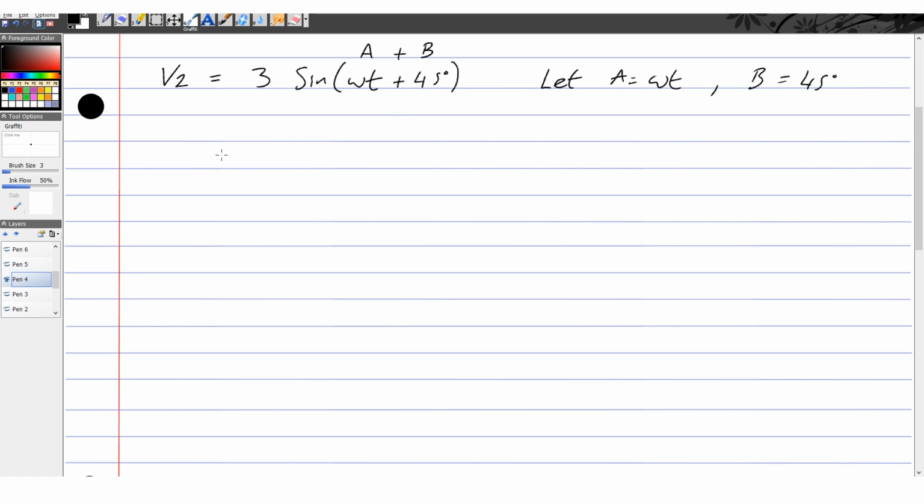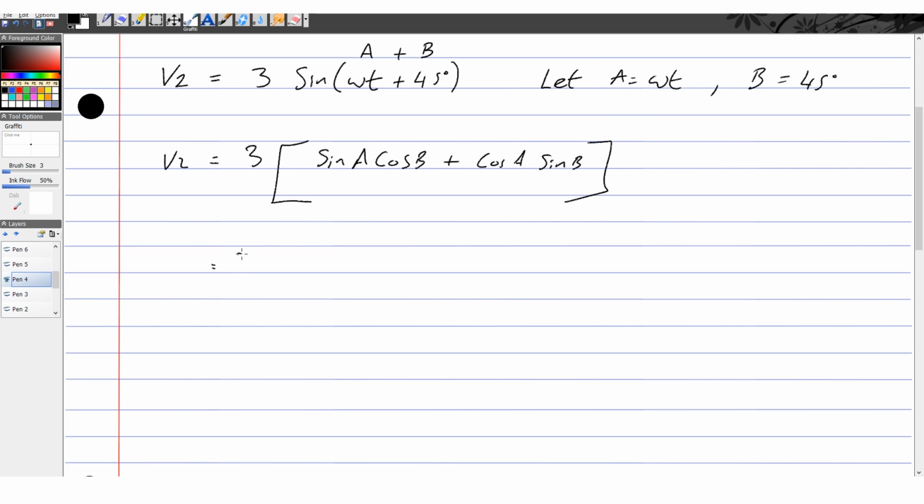So using the compound angle formula, V2 is equal to 3 lots of sine A cos B plus cos A times sine B. But we said that A is omega t and B is 45.